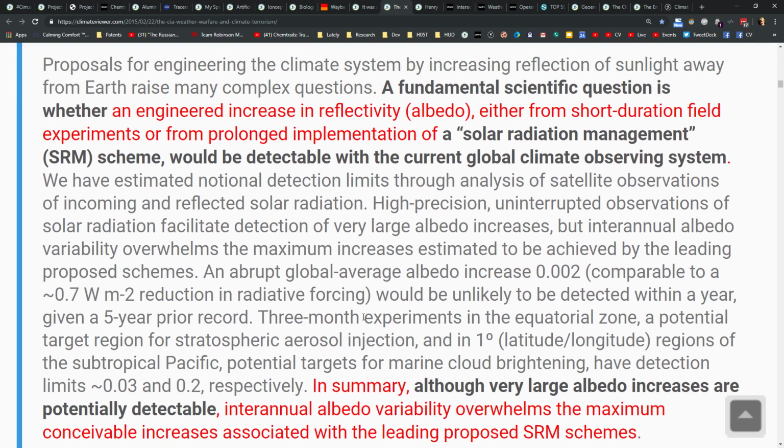It's going to be kind of tough for some people, but a fundamental scientific question is whether an engineered increase in reflectivity, albedo, either from short duration field experiments or from prolonged implementation of a solar radiation management (SRM) scheme, would be detectable with the current global climate observing system.